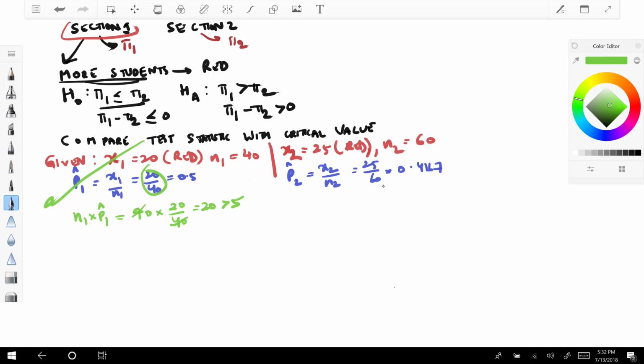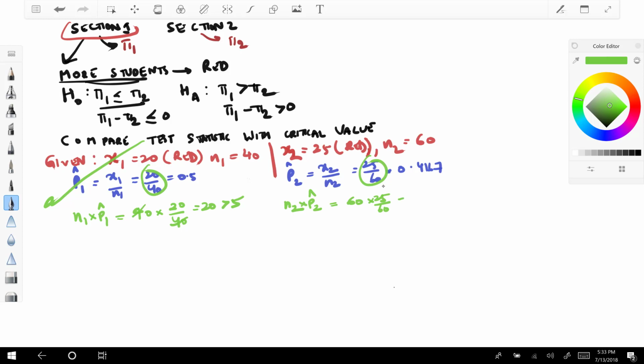So we can apply normal distribution because of central limit theorem. So n2 multiplied by p2 hat is equal to, again n2 is 60, and for p2 hat I will use the fraction value to make calculations easy, 25 divided by 60.